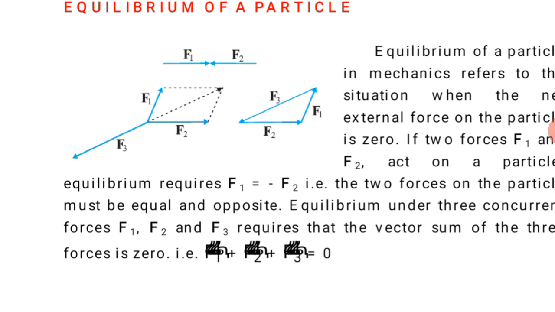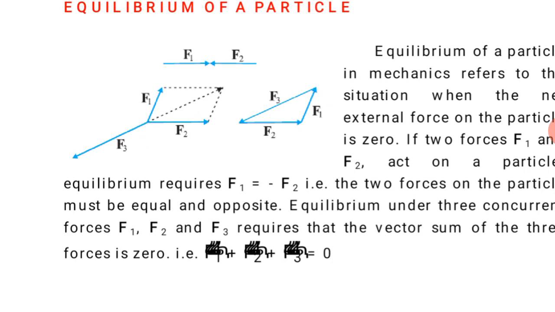Now the body is not in equilibrium under the action of the two forces F1 and F2, remember, because the directions of F1 and F2 are not opposite, and maybe the magnitudes of the forces are also not equal.